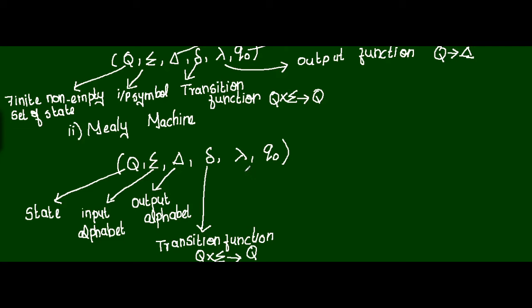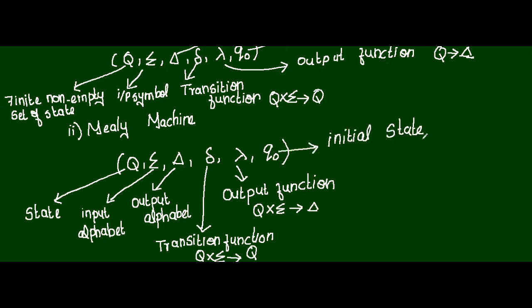Lambda is the output function. This output function maps Q times sigma to del. That means output depends on the present state and present input. And Q0 is the initial state. In the next video, I will be giving examples for the Moore machine and the Mealy machine.